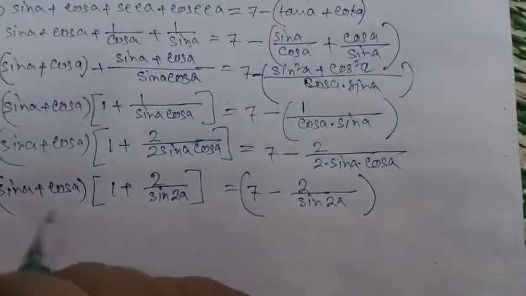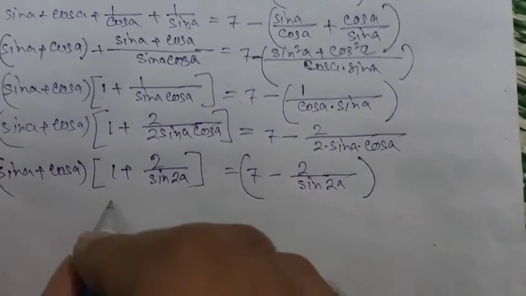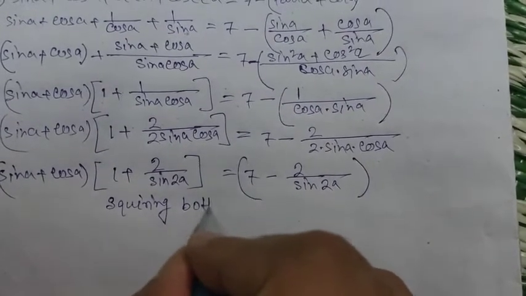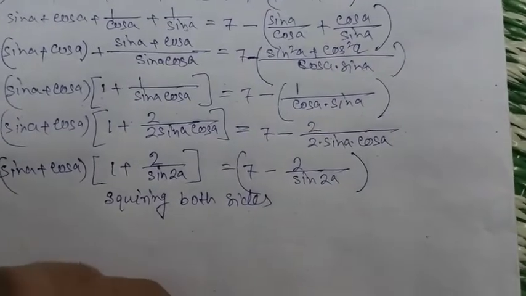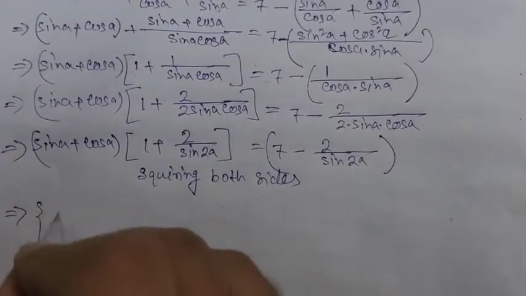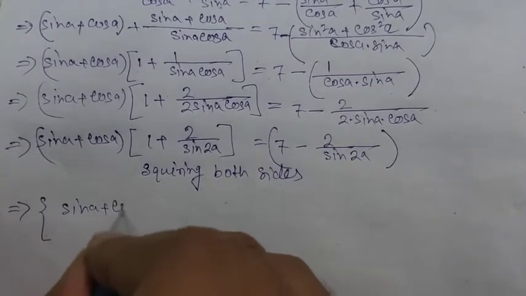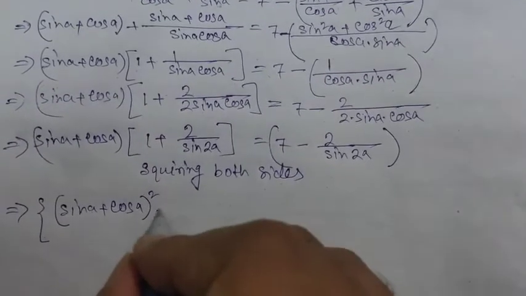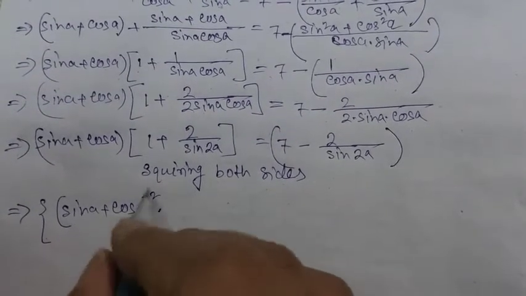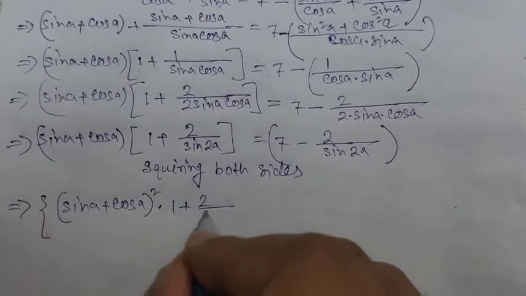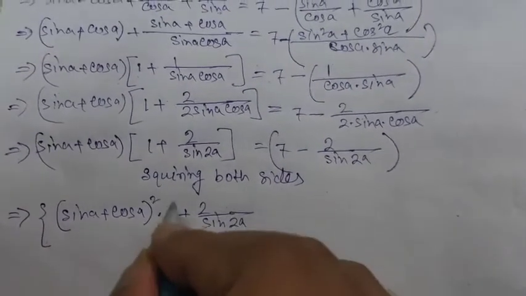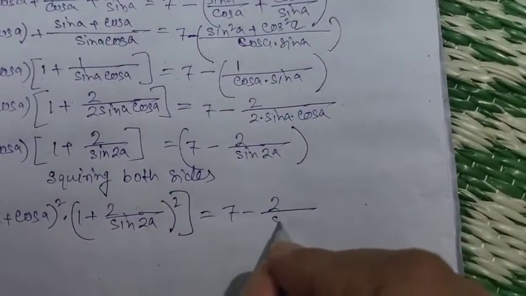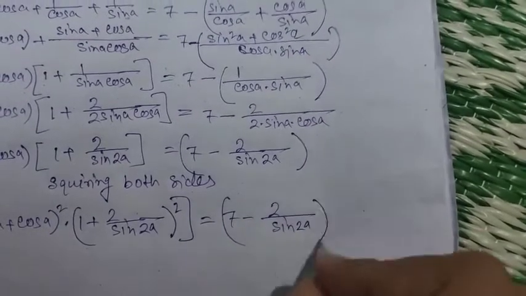Now next we will square both sides. So squaring both sides, we get sin a plus cos a whole square, actually multiplication is there, that is why I am writing sin a plus cos a whole square, into 1 plus 2 by sin 2a whole square, equal to 7 minus 2 by sin 2a whole square.